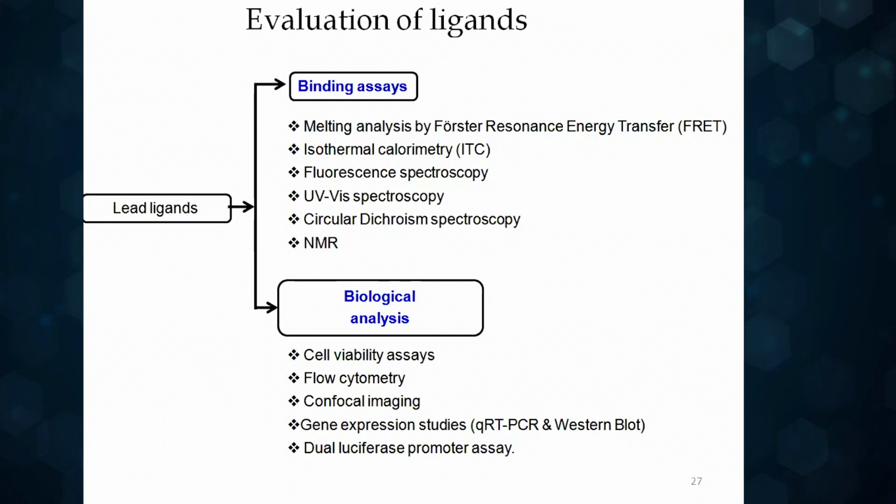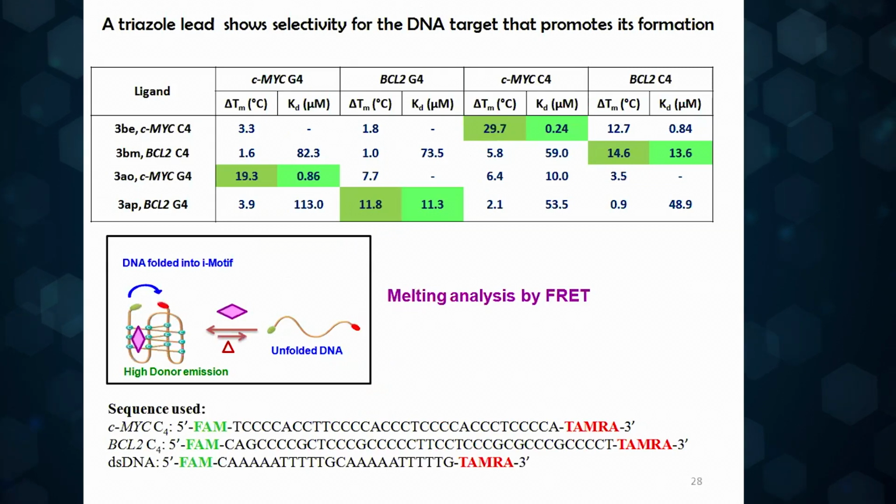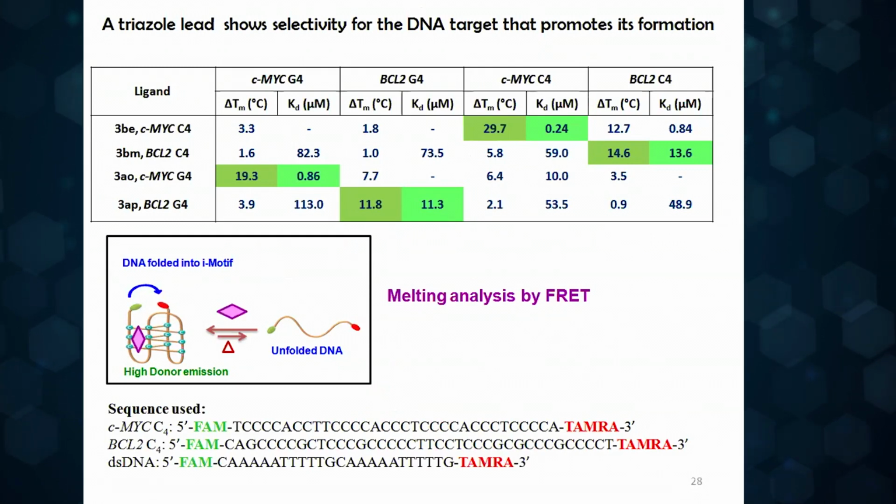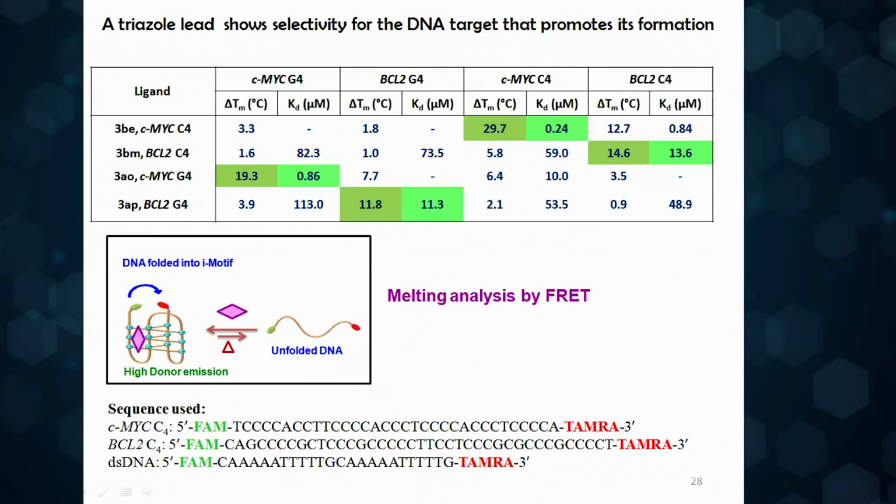Isothermal calorimetry was used to determine the binding constants of these ligands for the DNA targets. I have summarized these results in one slide. These results are in agreement with the results obtained by the in situ cycloaddition, that is, a triazole lead shows high selectivity for the DNA target that promotes its formation.